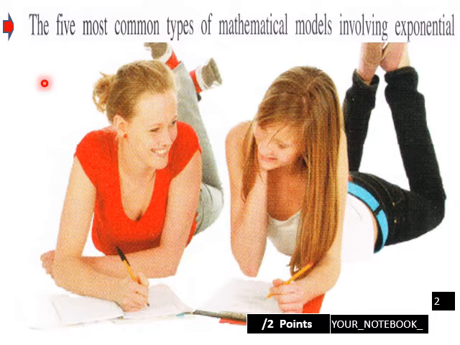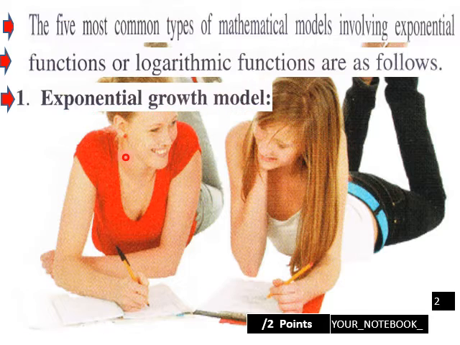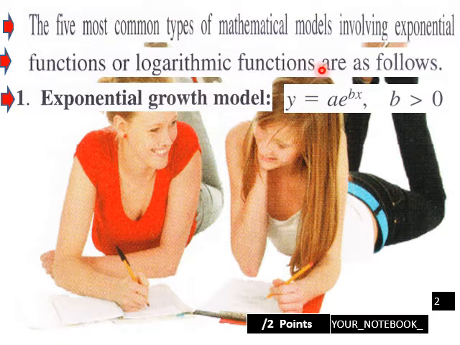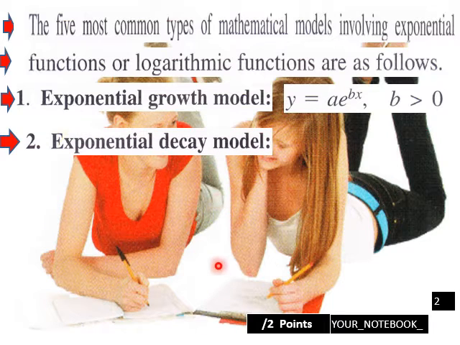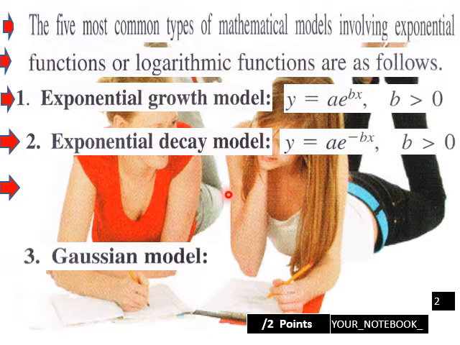Okay, page 2 into your notebook. The 5 most common types of mathematical models involving exponential functions or logarithmic functions are as follows. Number 1, exponential growth model, here's an example of that. Number 2, exponential decay, where now the leading part of your exponent is negative, so there'll be a decay model.